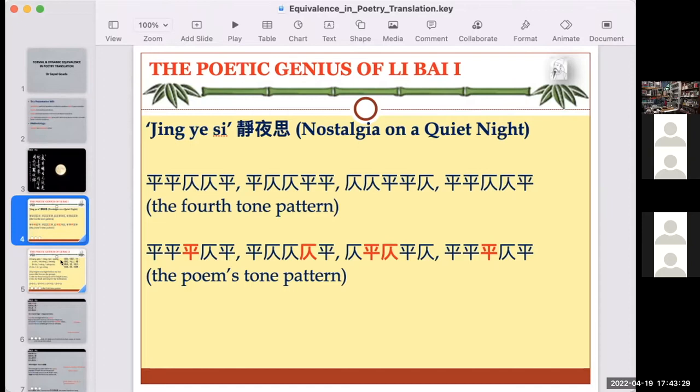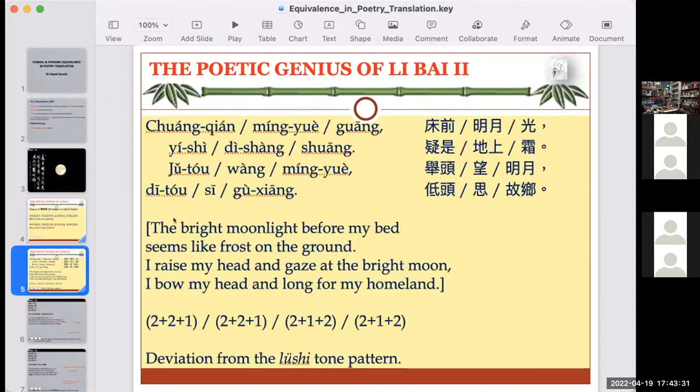And here is the poem. 床前明月光，疑是地上霜。举头望明月，低头思故乡。You notice that I have divided each line into groups.